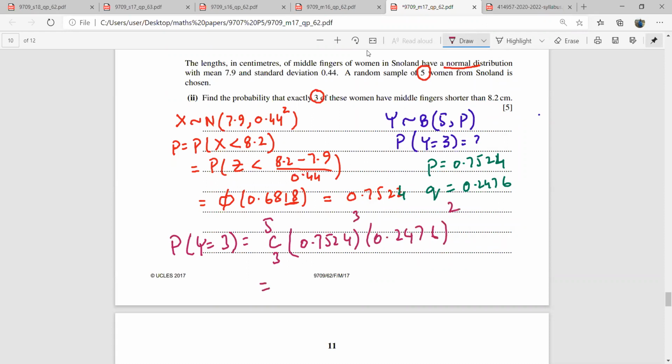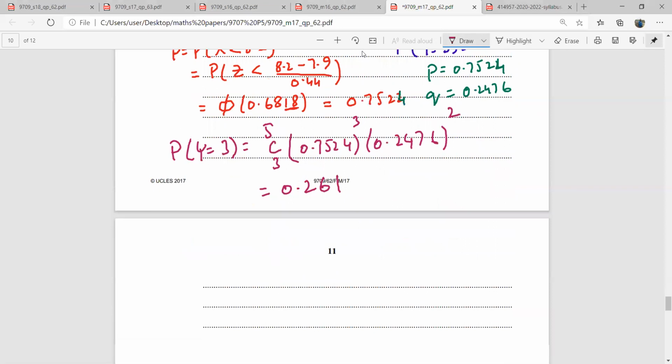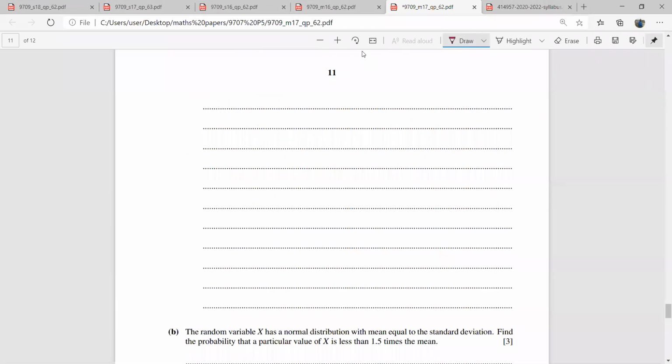So you use your calculators for this. This is 0.261. That is what your calculation is suggesting. So through the calculator, we get the answer.